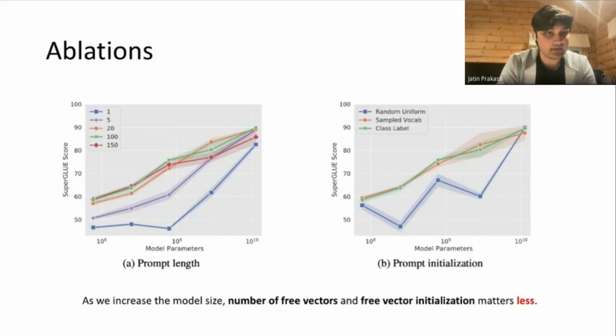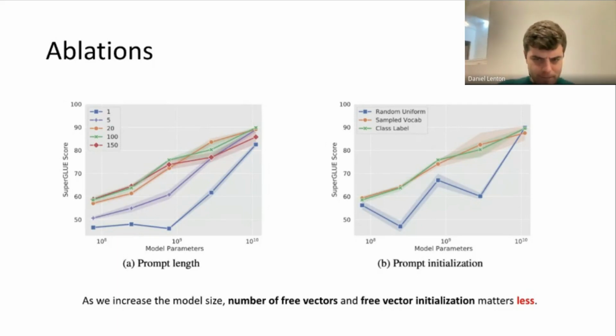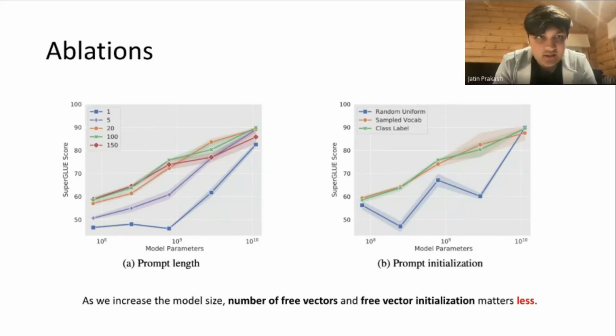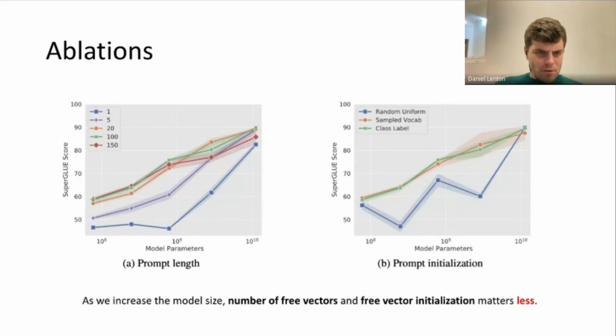But as we keep increasing the free vectors for a fixed model size, along the y-axis, can you guys see my mouse moving if possible? Yeah, I actually can't. But I think we can follow. Okay, sorry, go ahead.